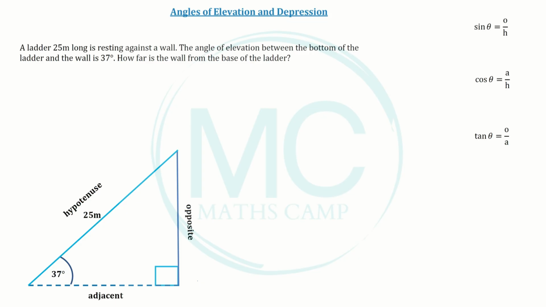So now we can say cos, our angle, 37 degrees, is equal to the adjacent side, let's call it A, over the value of the hypotenuse, which is 25 meters.